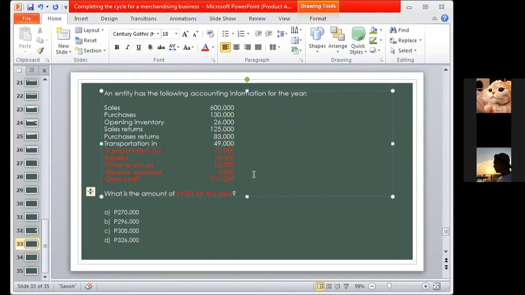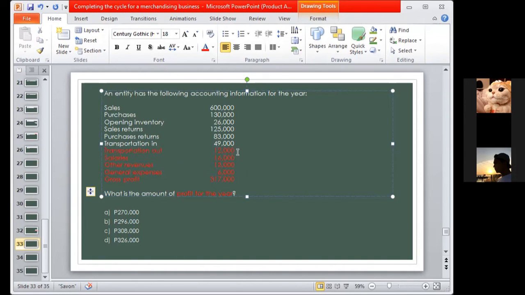Check natin. 317 minus 12 minus 16 minus 13 minus 6. 270 ang lalabas, no? Pero dapat hindi ka magkamali dito. Di ba expenses itong transportation out?